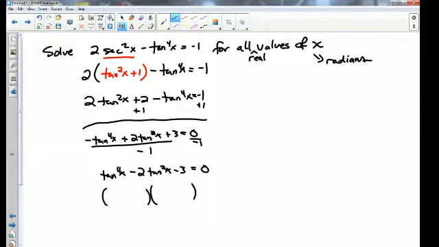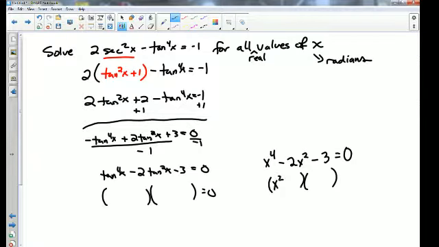It's quadratic form. If you had that, what are the factors? Well, what makes x to the fourth?